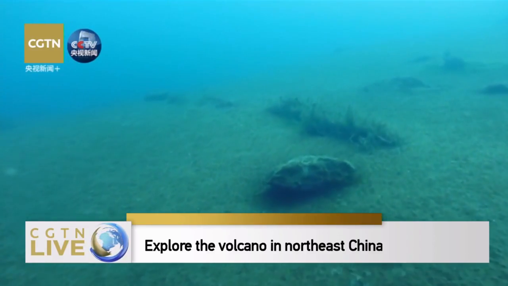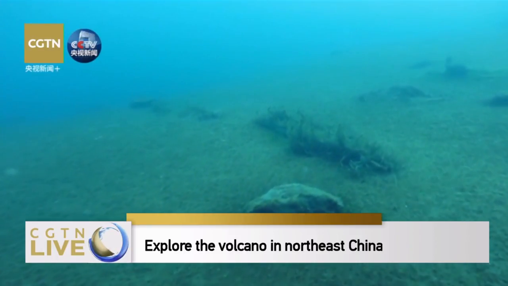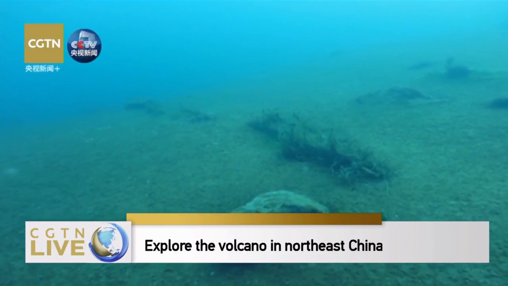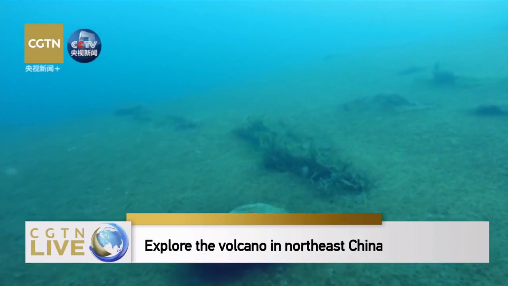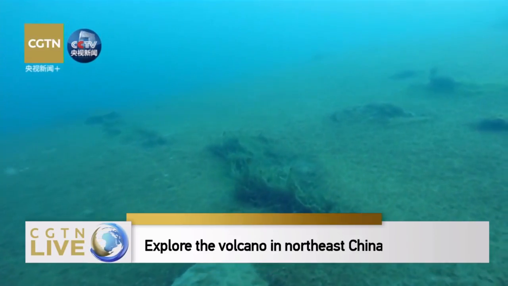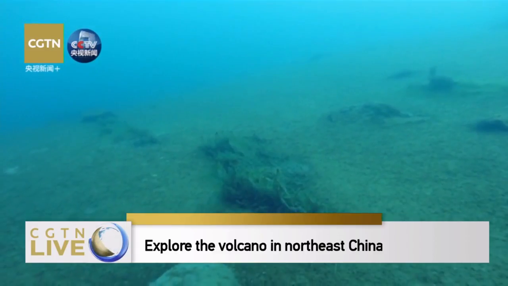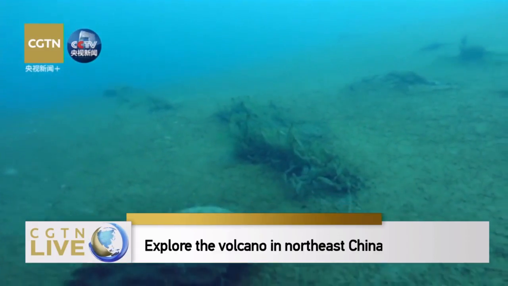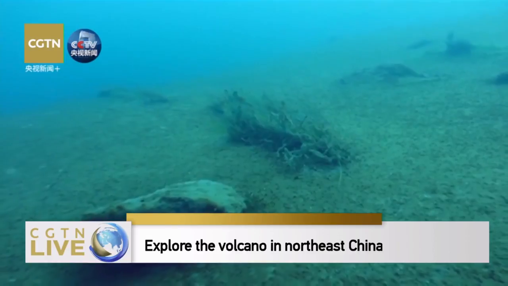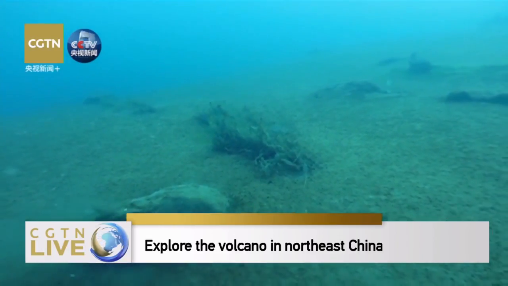So first, you see a lot of flat bottom, and you see some stones there and some seaweeds, and you see some linear reefs. I'm guessing that they are formed due to a couple of reasons.